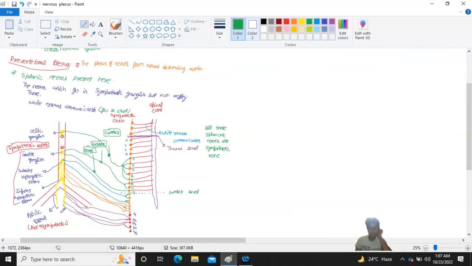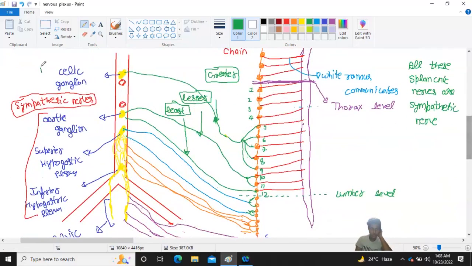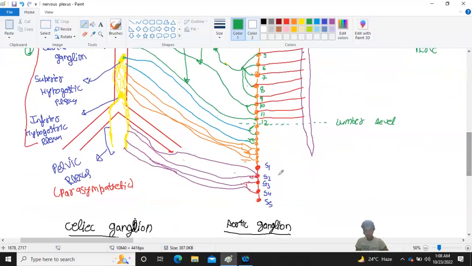Then here is the prevertebral plexus, basically in front of the vertebrae and aorta. These are two plexuses. These are thoracic nerves, these are lumbar nerves, these are sacral, and these are pelvic. These are the only nerves which are parasympathetic, and all the others are sympathetic nerves.